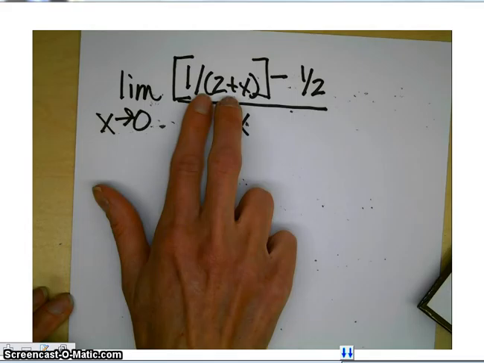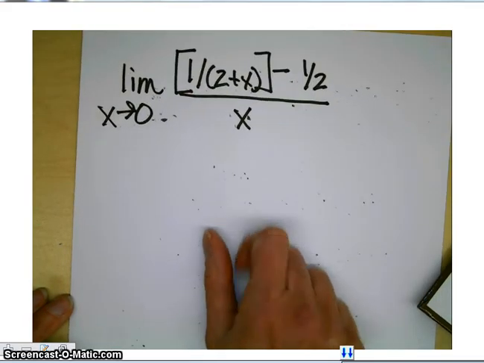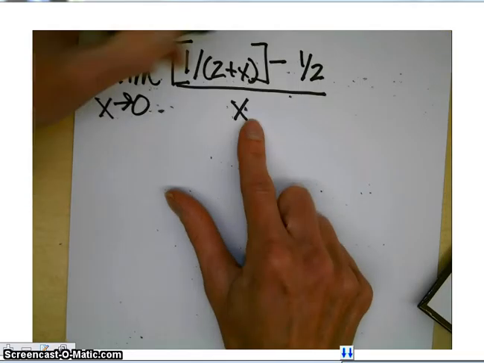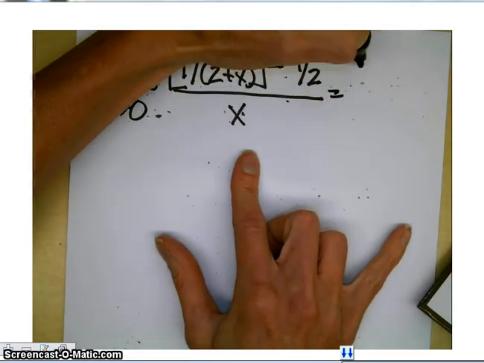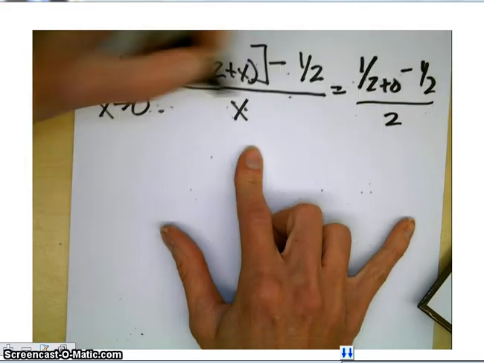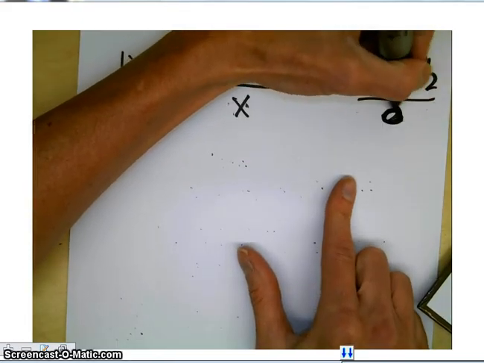So you have to understand this is a fraction, 1 over 2 plus x minus 1/2, all over x. And we want to find the limit as x goes to 0. So we try what first? Direct substitution, putting 0 in for x. So I'm going to have 1 over 2 plus 0 minus 1/2, all over 0. What am I going to get? All over 2. Oh, all over 0. I said 0 and wrote 2.